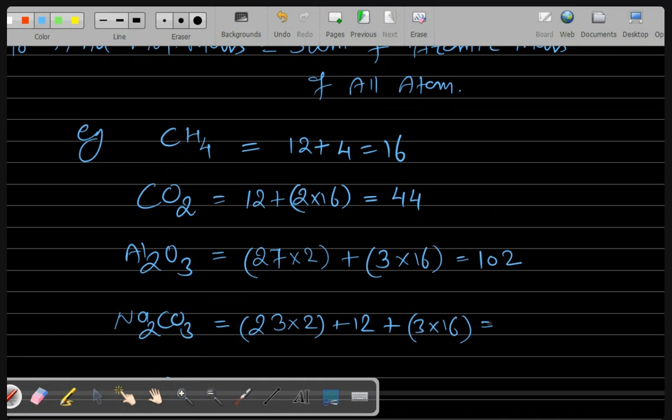It's going to be 106? 106, correct. Very good. So now you are able to find the molecular mass. Right, very good.